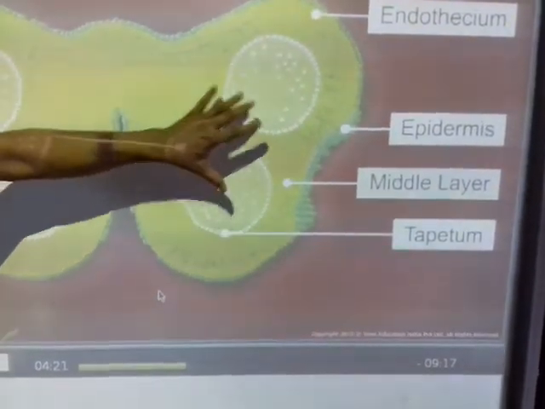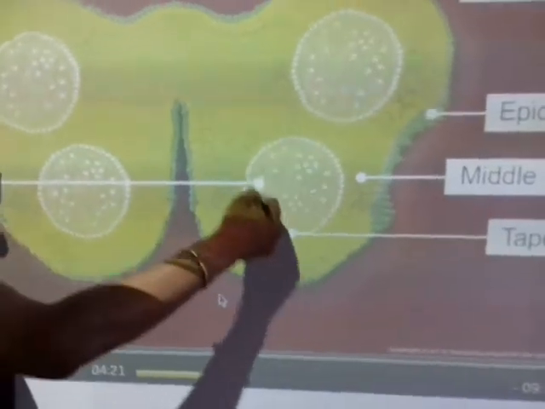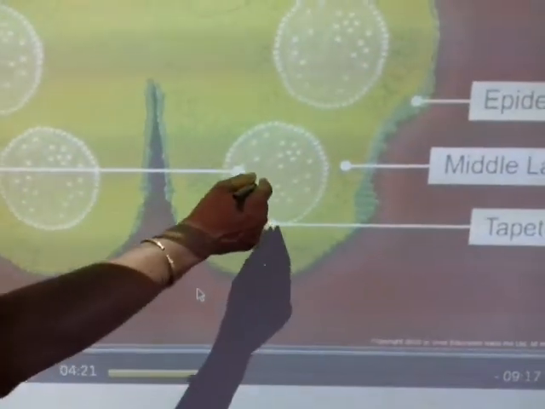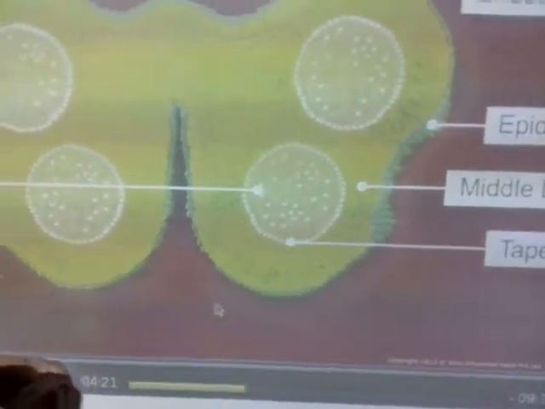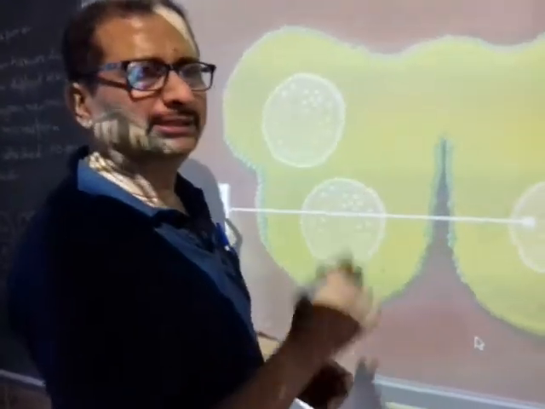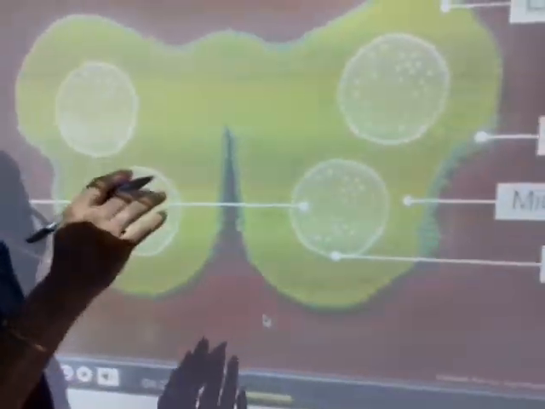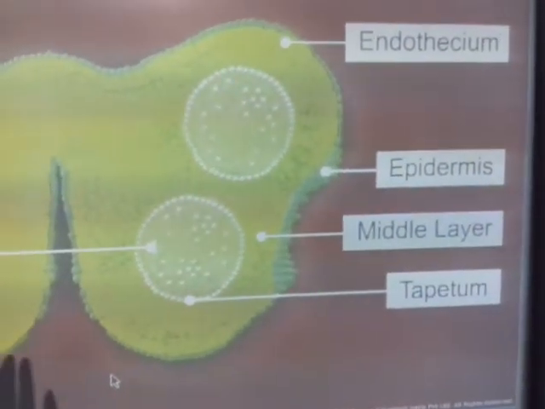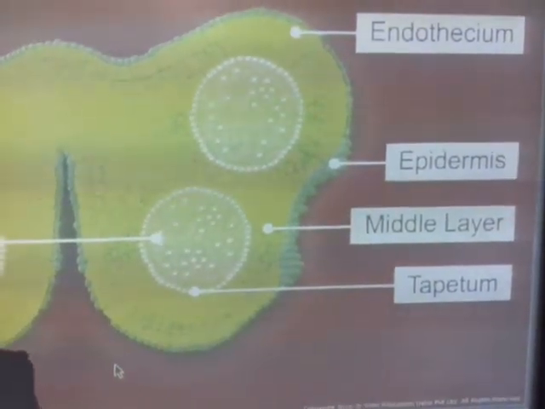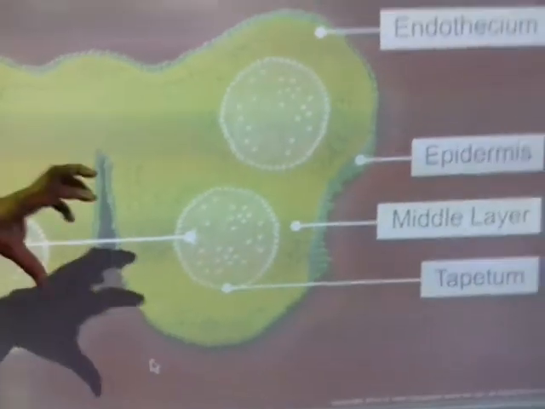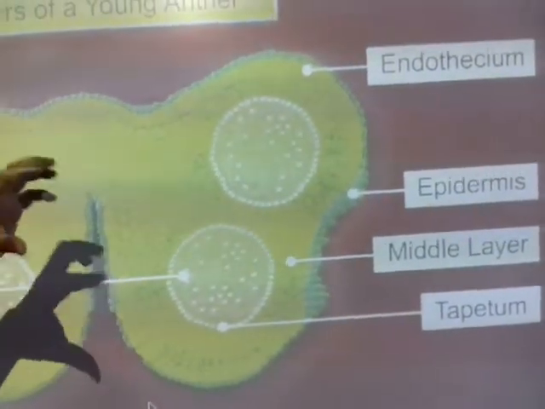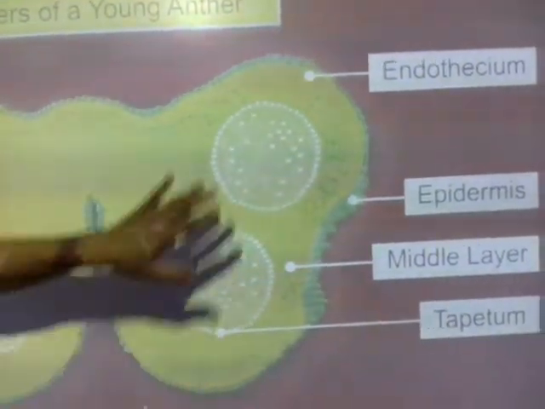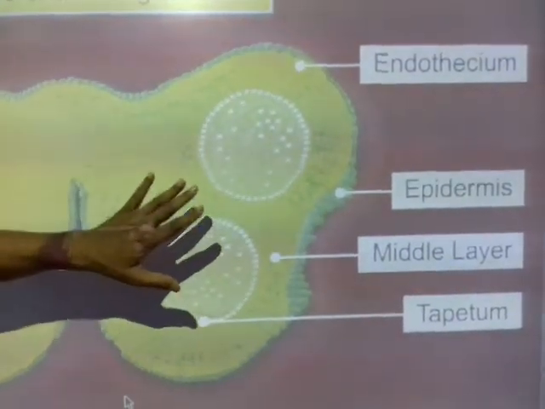There are four spore sacs like this, and inside these spore sacs you have the microspore mother cells, which we also call pollen mother cells. These are diploid cells, and they develop through rapid mitotic division from the primary sporogenous tissue.